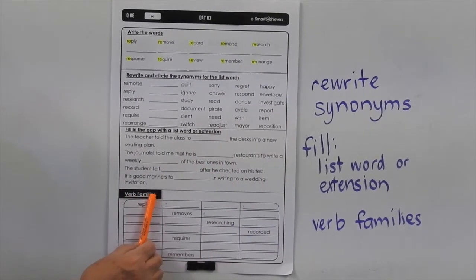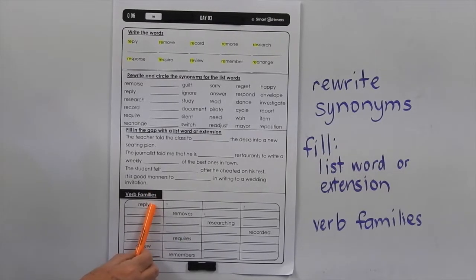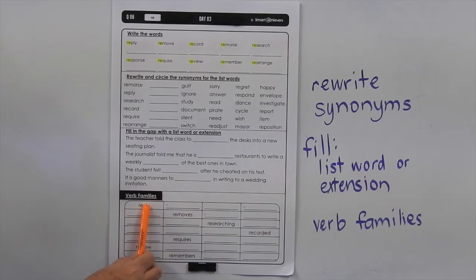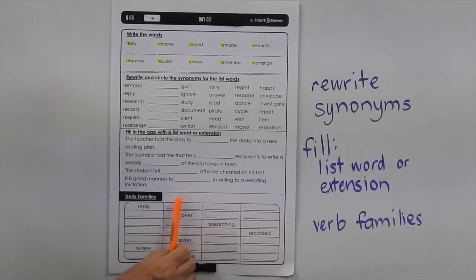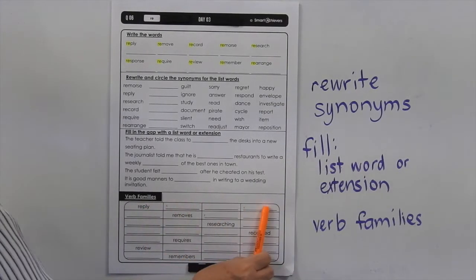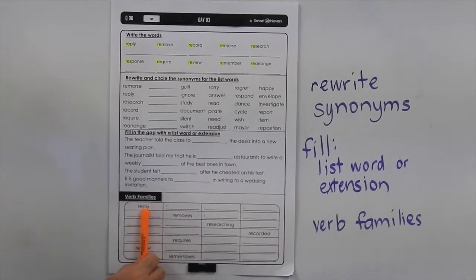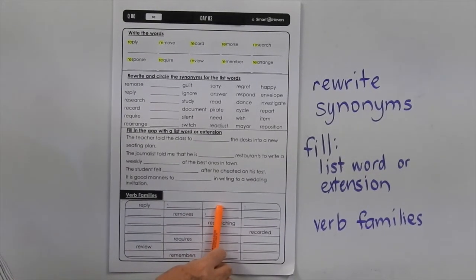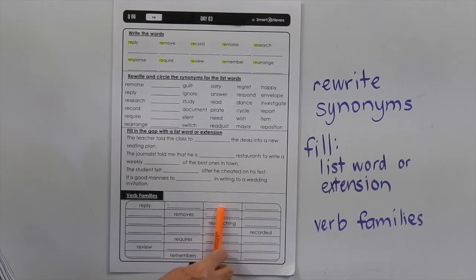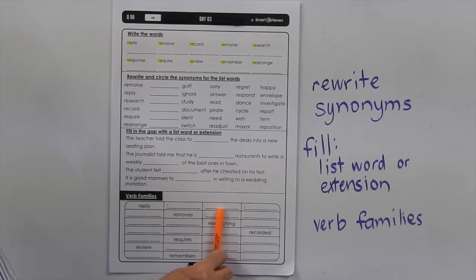Down the bottom we're doing verb families, which you should be well aware of how to do by now. So we've got reply, replies, replying and replied. So don't forget that we change the Y to an I before we add the ES and the ED, because there is a consonant before it, but we don't change the Y to an I when we add ing, because we can't have double I in English words.